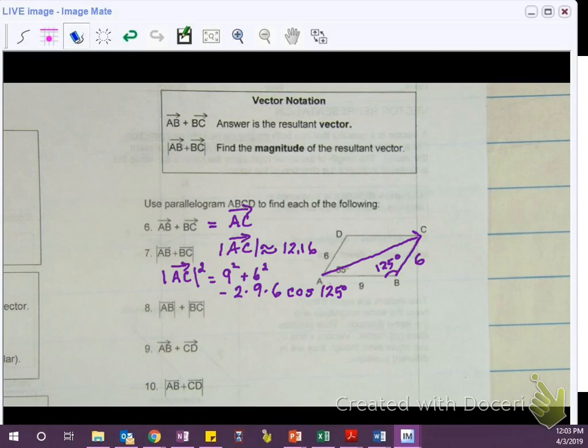Okay, so did everybody erase what I did before? Now we want the magnitude of AB plus the magnitude of BC.